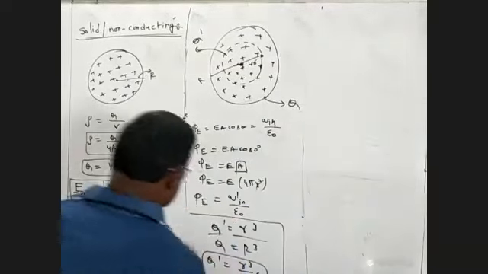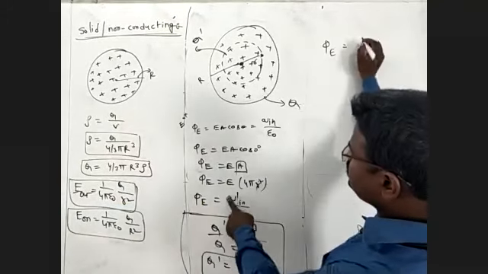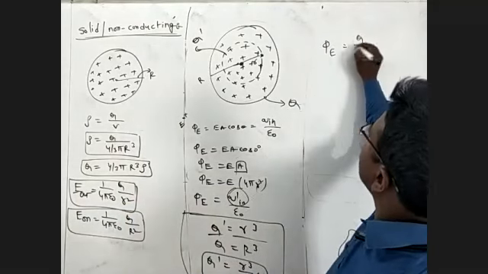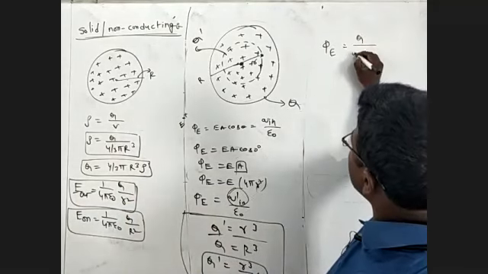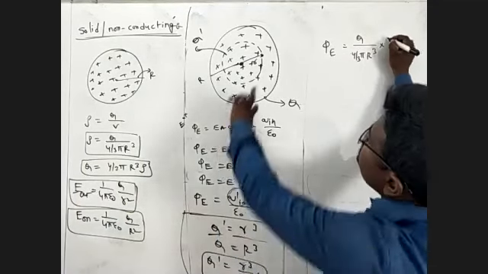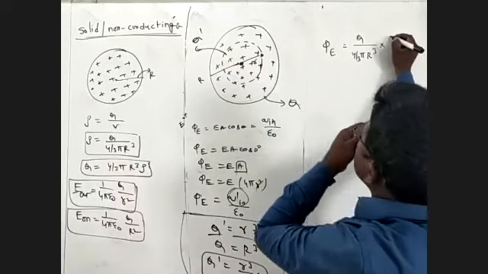If you can't understand this, take Q as the total charge. So Q by the total volume, 4 by 3 pi R cube, into the volume of this part gives this part of the charge.